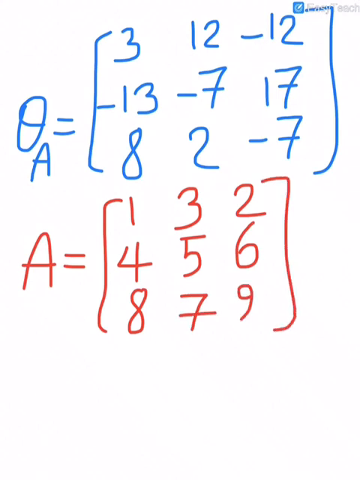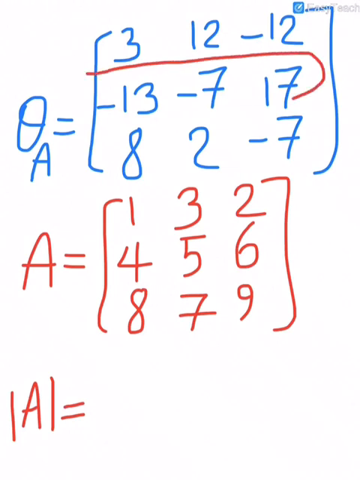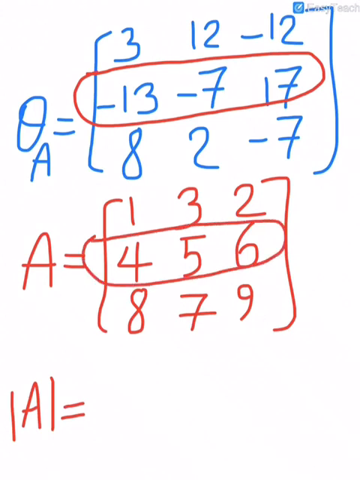Right? This was the original matrix. And now in order to calculate the determinant of A, take any row or column of the matrix A and the cofactor. For example, I take the second row of the cofactor matrix, and the second row of the matrix A as well.